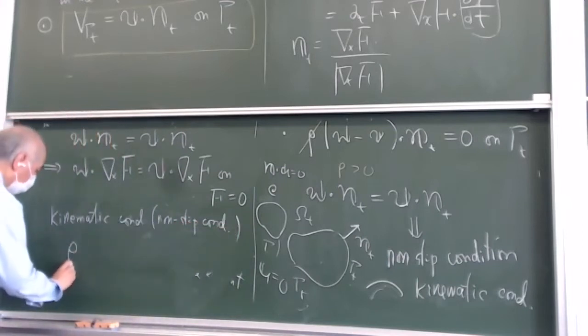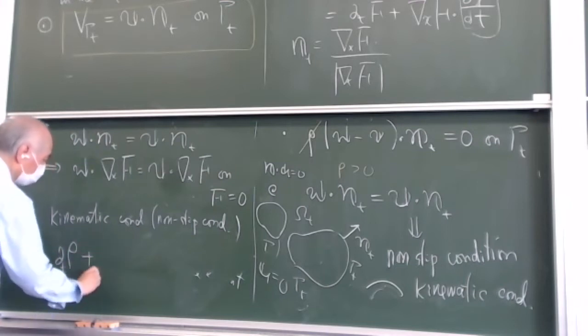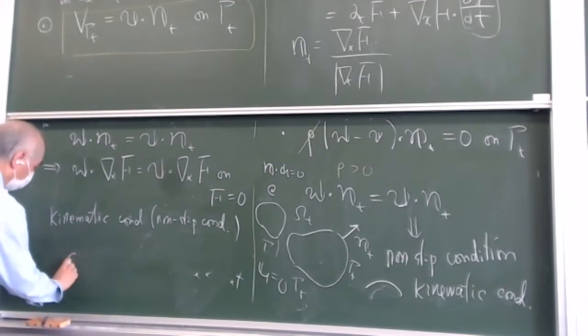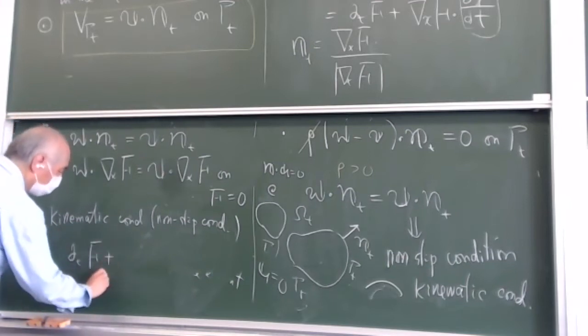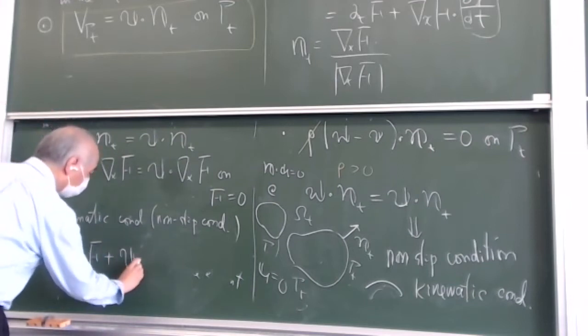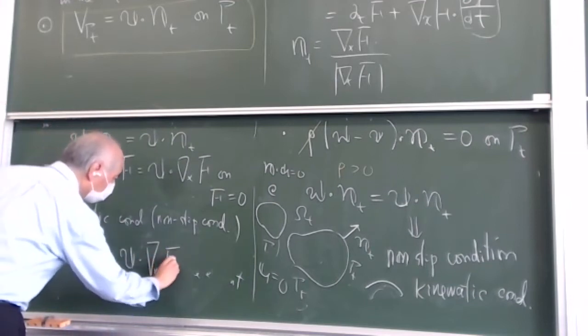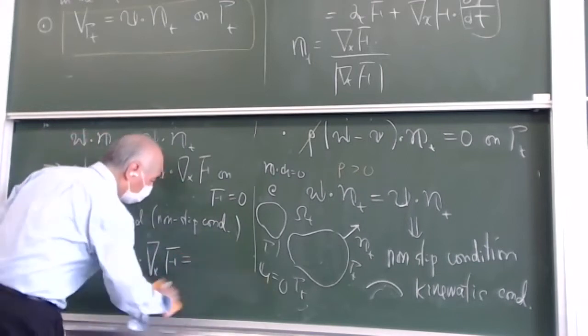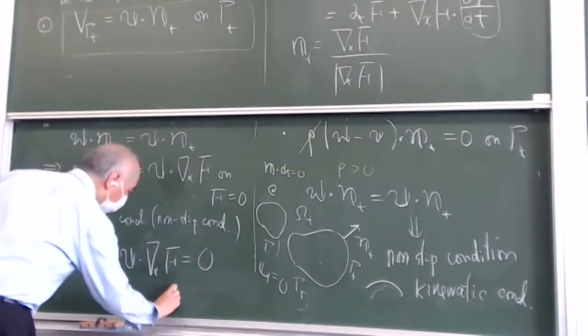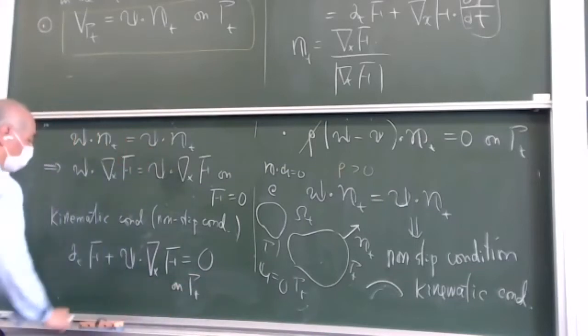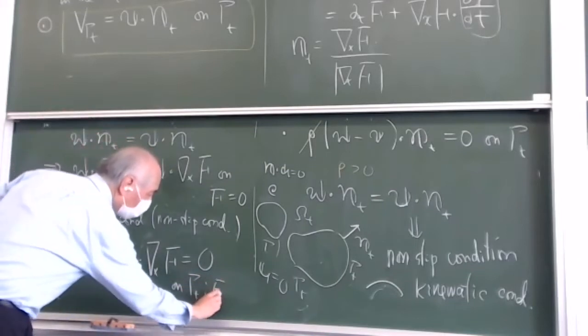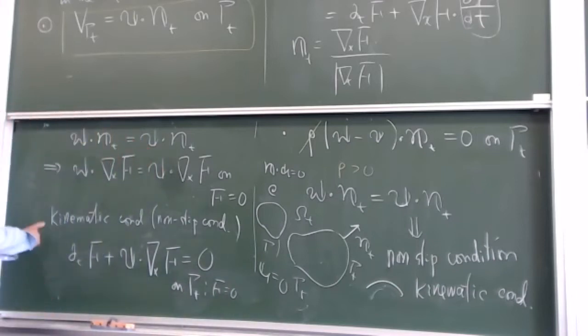Sorry, I'm sorry. dtf plus, or f equals this. So this is another representation formula of our kinematic condition, the no-slip condition on the boundary.